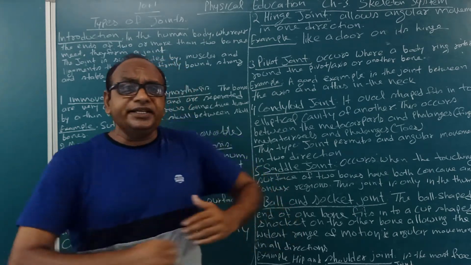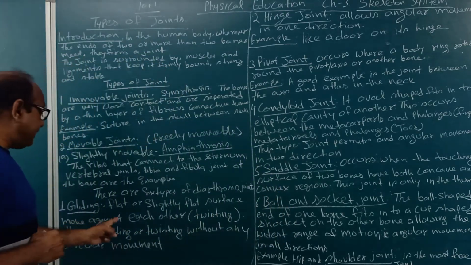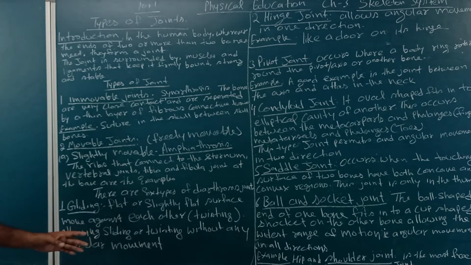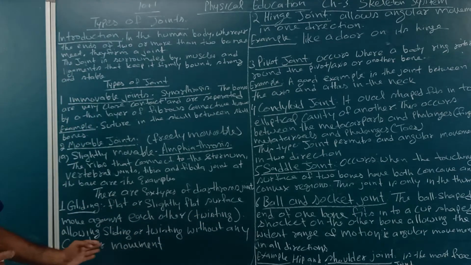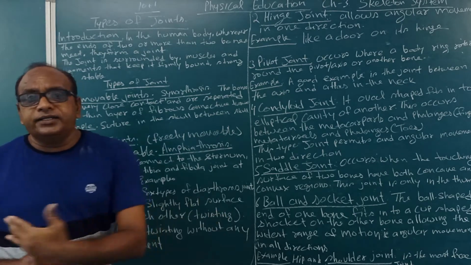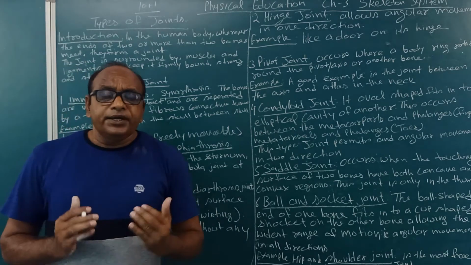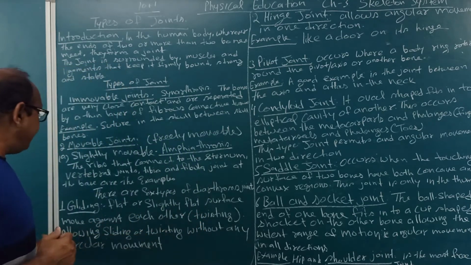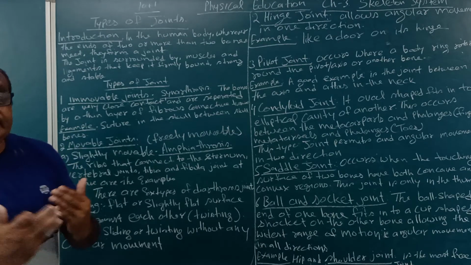Twisting is the best example of this gliding joint. So with the help of this joint, you can twist your body from one direction to another direction only. But at last, you have to come back to your original position. So it is a gliding joint. They move against each other.